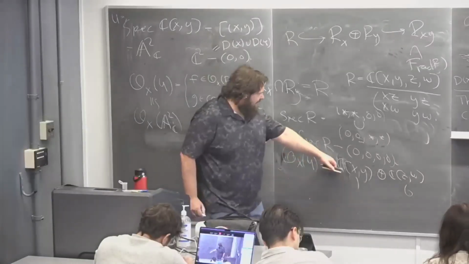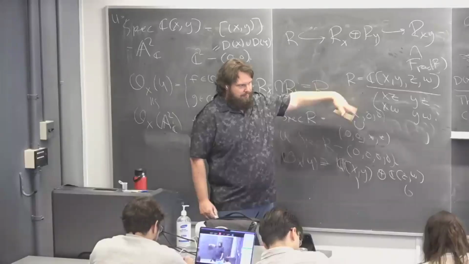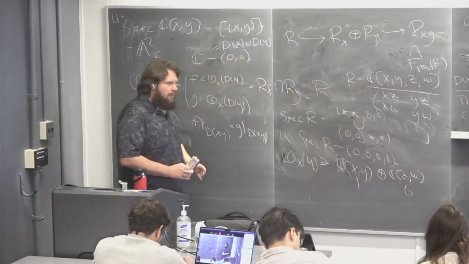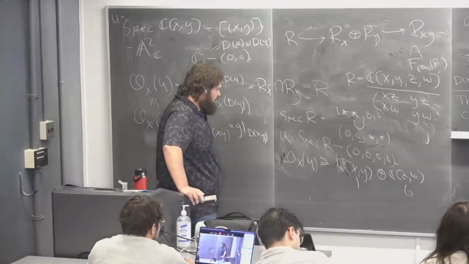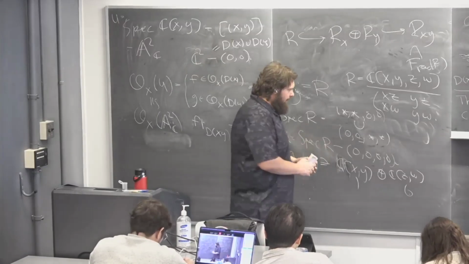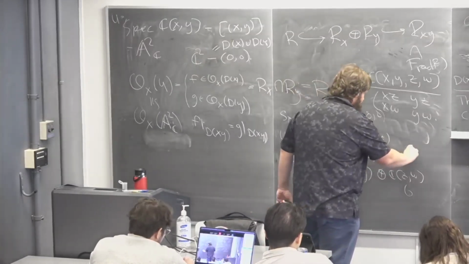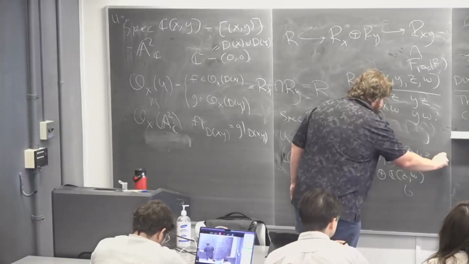In particular, this is not a localization of this ring. Yeah, this is right. This means the ideal (X, Y, Z, W).